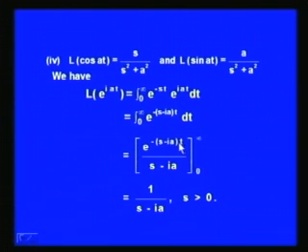When t goes to infinity, e to the power minus (s minus I a) into t, what is the limit of this? You see, we can write e to the power minus (s minus I a) into t as e to the power minus s t into e to the power I a t, and then if you take the modulus of this, what you get is e to the power minus s t, because the modulus of e to the power I a t is equal to 1.